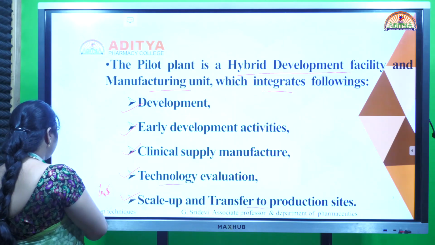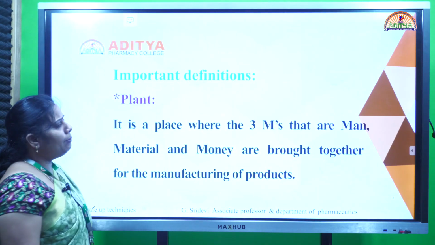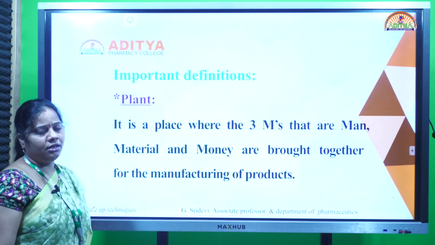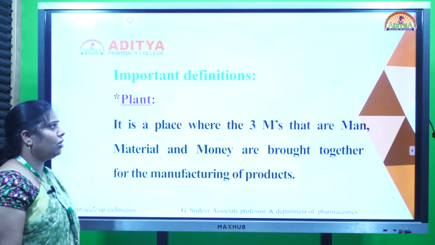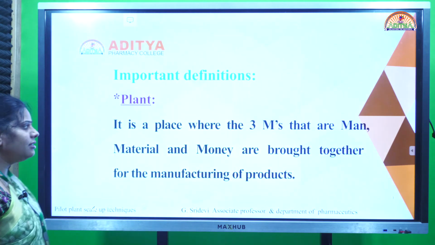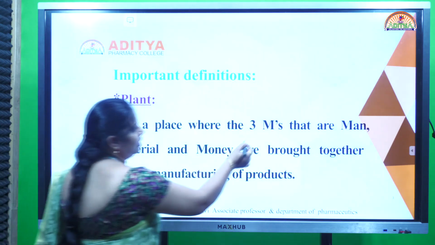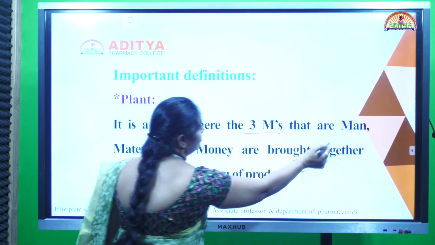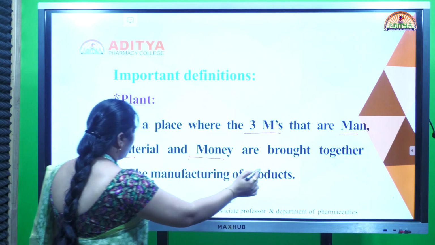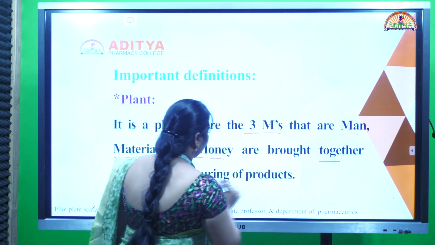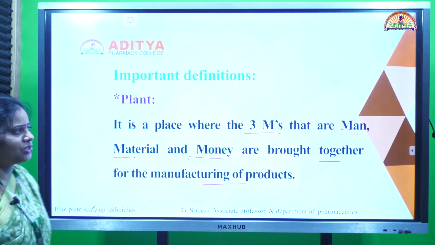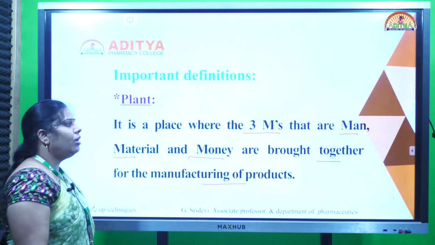Coming to the next, some important definitions we are going to study in this pilot plant topic. The first one is the plant. Plant means the place having the three M's: man, material and money, brought together for the manufacturing of products. We study the interrelationship where they act together.